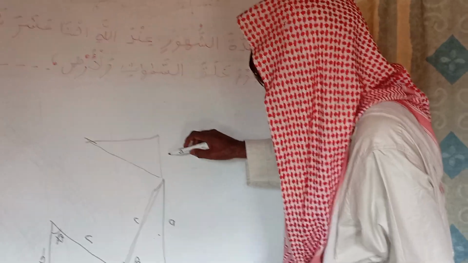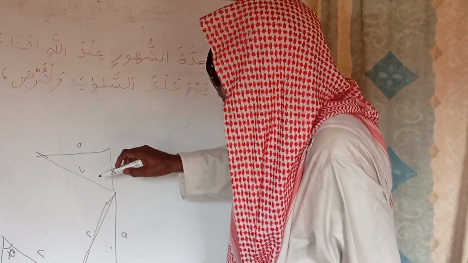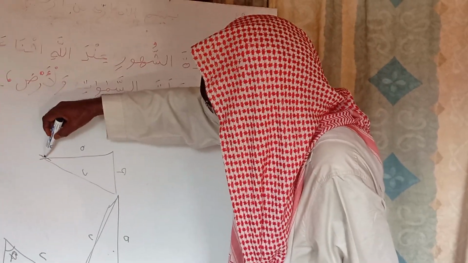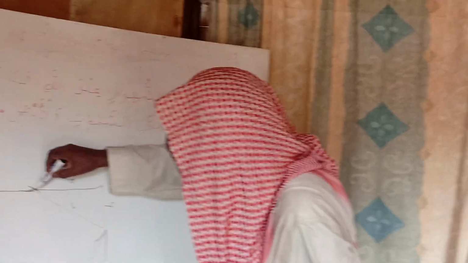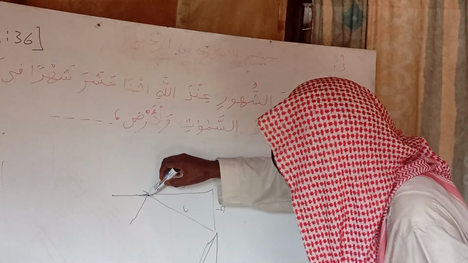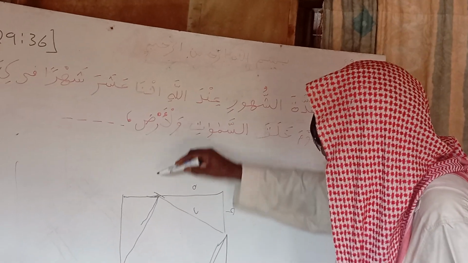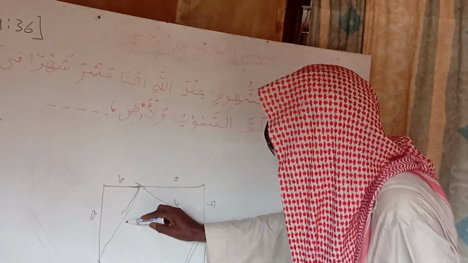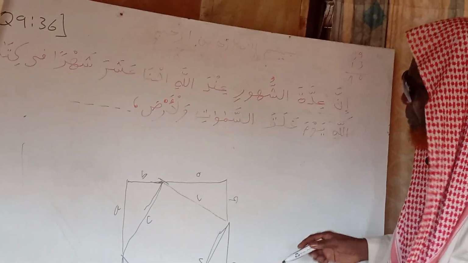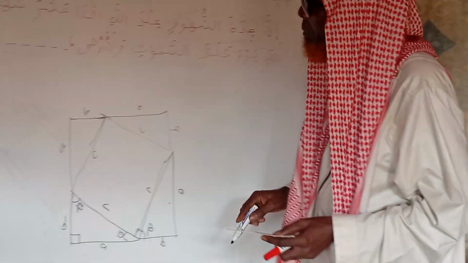So this is now the short side B, this is the long side A, and that is C. And you can add another one, make it short, like that. It's the same triangle. This is the short side B, this is the long side A, and that is C. So these identical triangles can be put around like this.